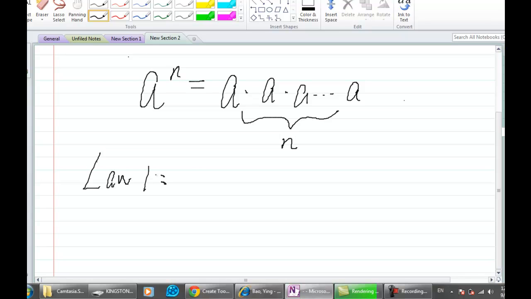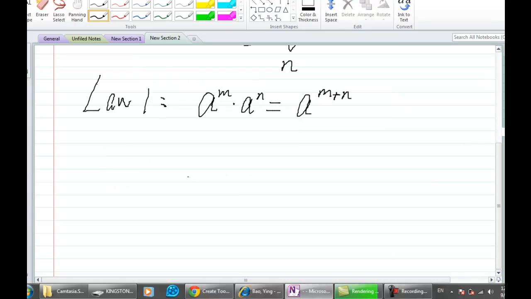law 1, that is a to the mth power times a to the nth power equals a to the product m plus n power. Now I will show you one example here. Let's see x to the 7th power times x to the 4th power.